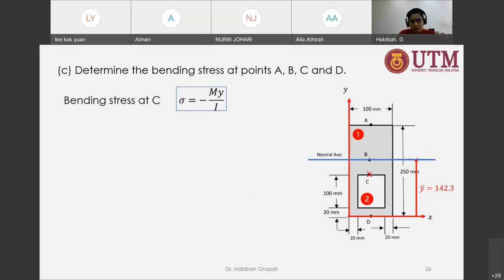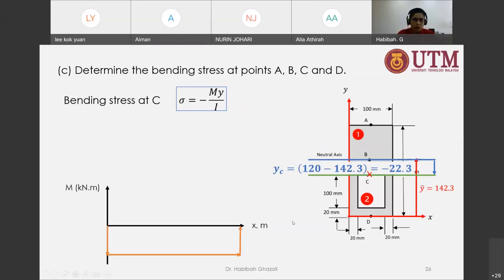So let's do our calculation. Is it going to be negative? We are going to look at the distance first. What is the Y here? The Y will be 120, the location of C, minus 142.3. So we get negative. Any number below the neutral axis is going to be a negative Y. Okay, bending moment, again, the same.